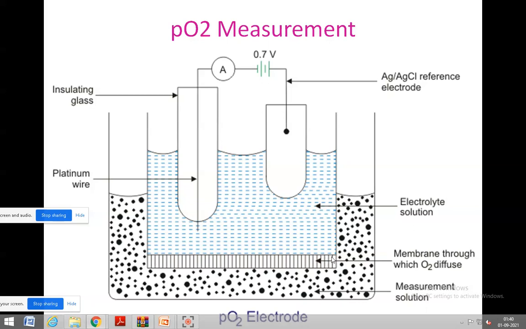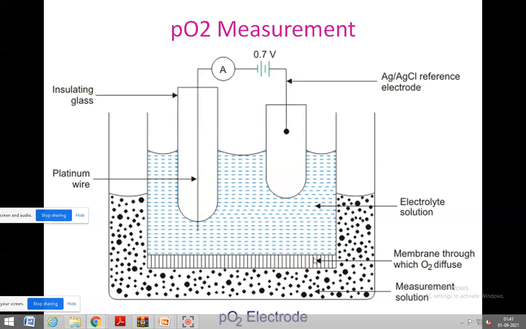In that container the bottom layer will be a membrane which diffuses oxygen to the solution. In between these two liquids, this layer acts as a sieve, like an interface between these two solutions for oxygen.